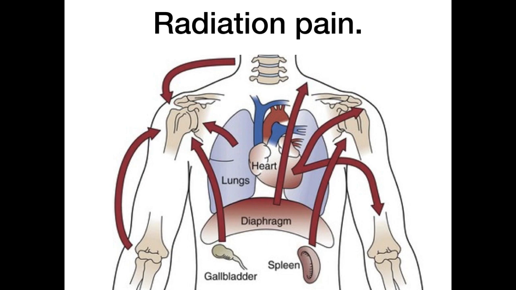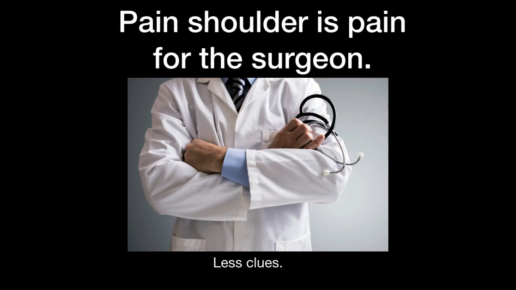On top of that, it's very important to understand that shoulder pain may be radiating pain from the neck, from the elbow, and from internal organs like lungs, heart, diaphragm, gallbladder, and spleen. So whenever we see a patient with shoulder pain, identification of the possibility of radiating pain is very, very important.